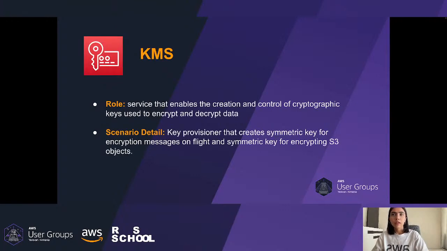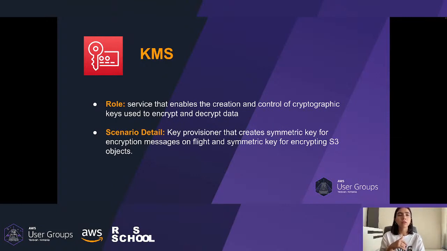And of course, in our scenario, we are going to heavily use KMS, which is Key Management Service. It is fully managed by AWS. You are going to create and store your keys there, and the keys are going to be managed fully by AWS.